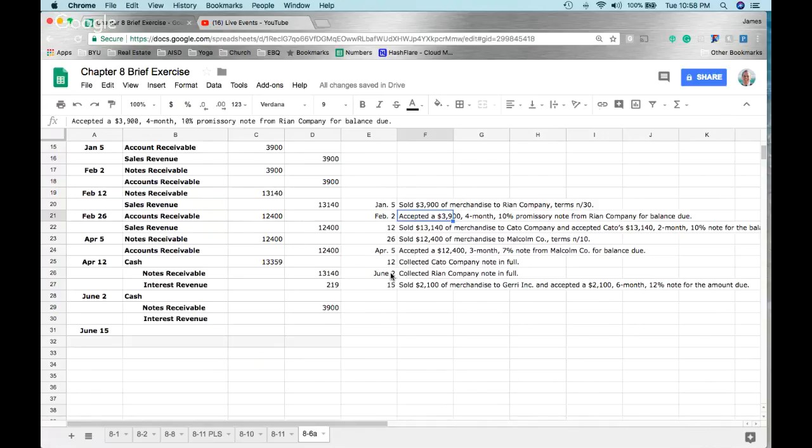So it was paid in February to March, March to April, April to May, May to June, 4 months. So let's find out how much interest they owe us. Interest equals the amount that was loaned through a promissory note times 10%.